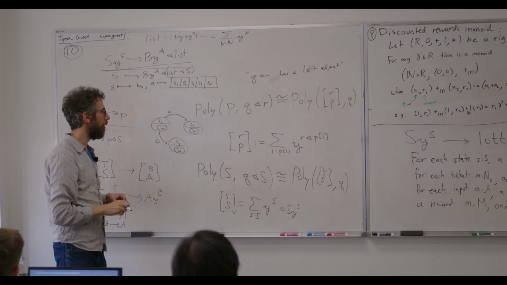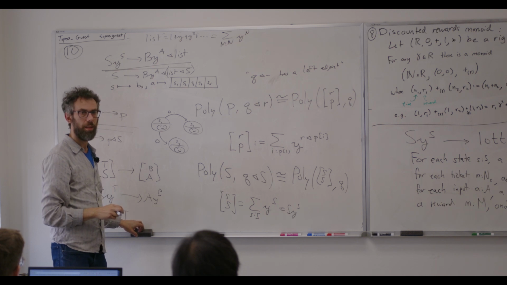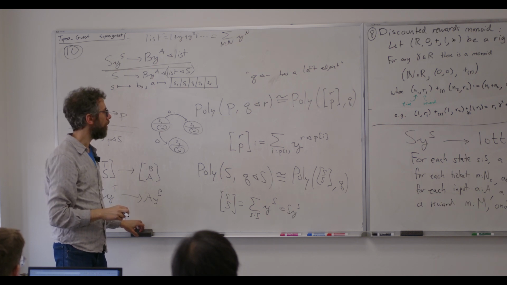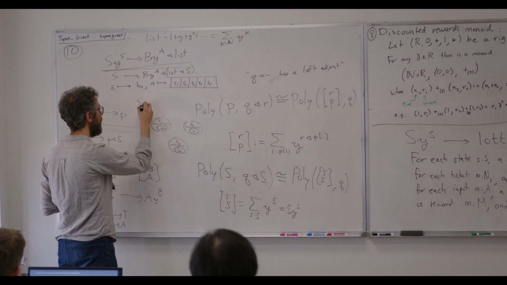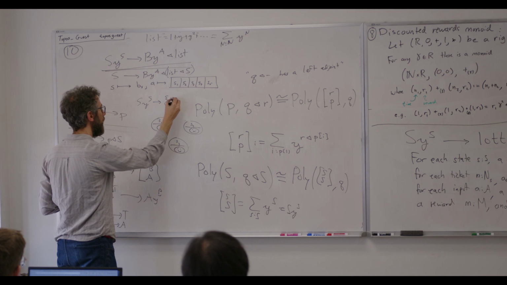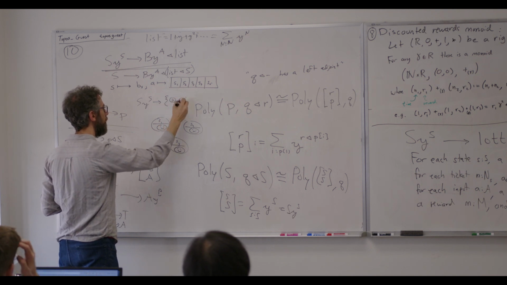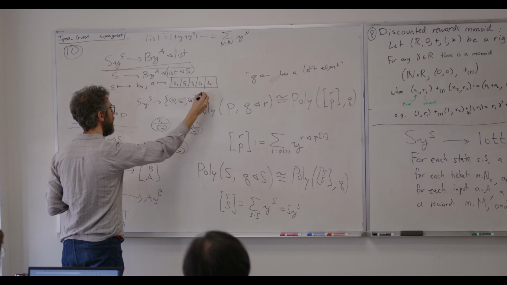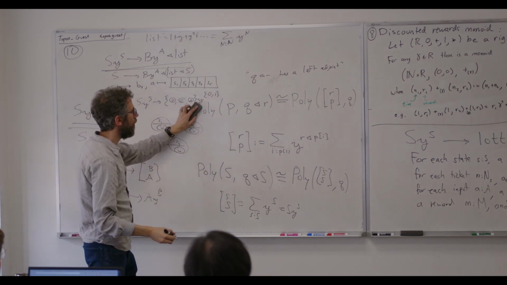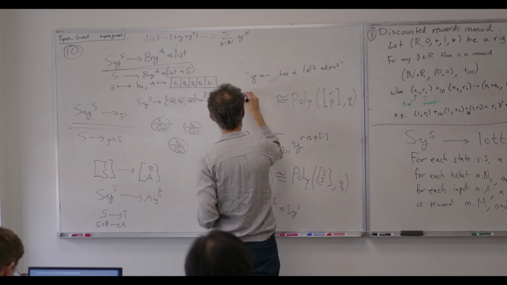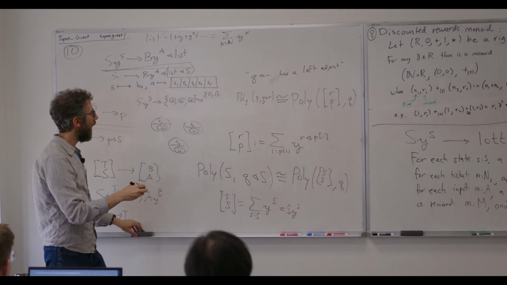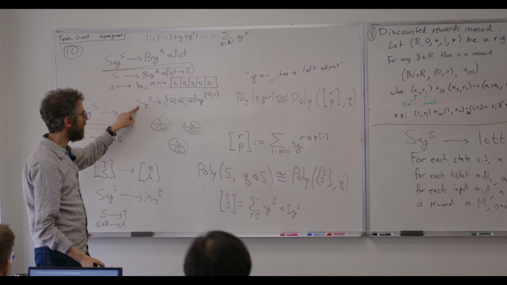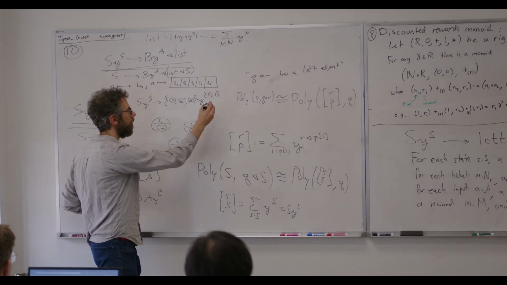The map in the other direction says that for every arrow in my list, I need to pick its target state. So given a state, you get an output.